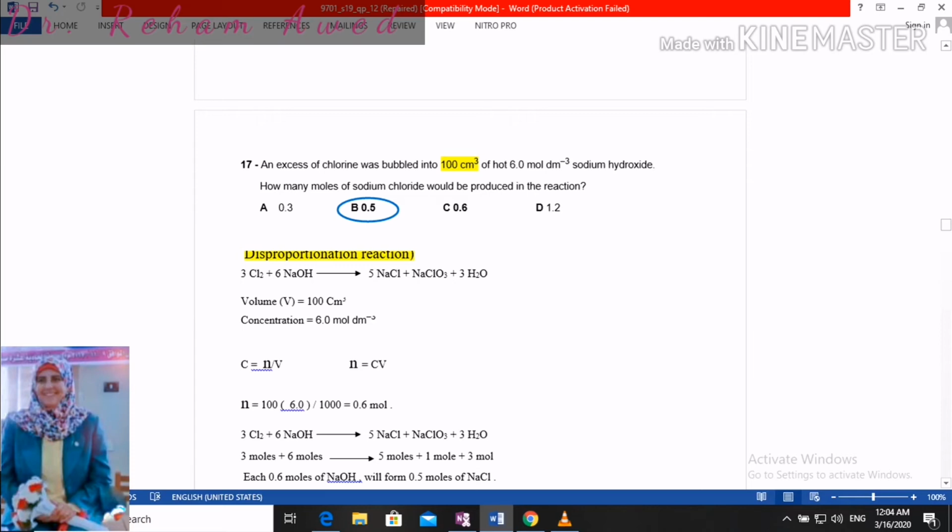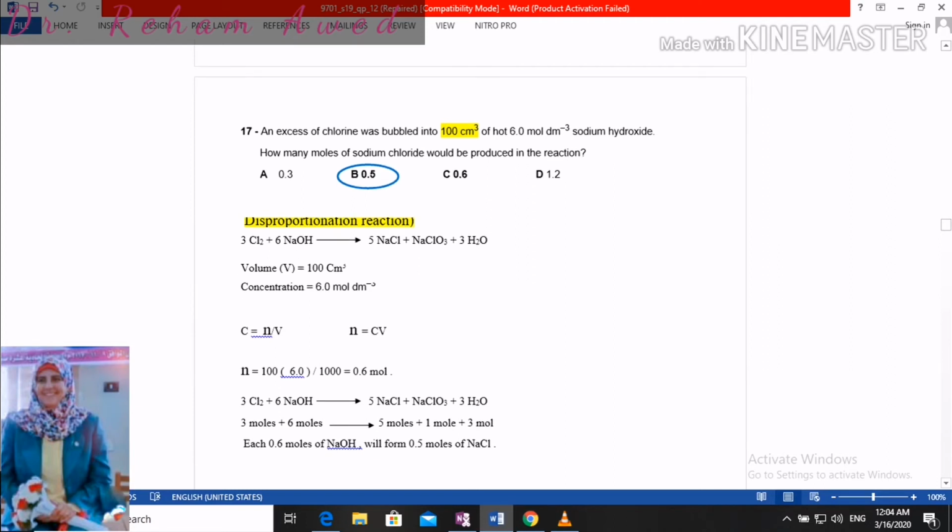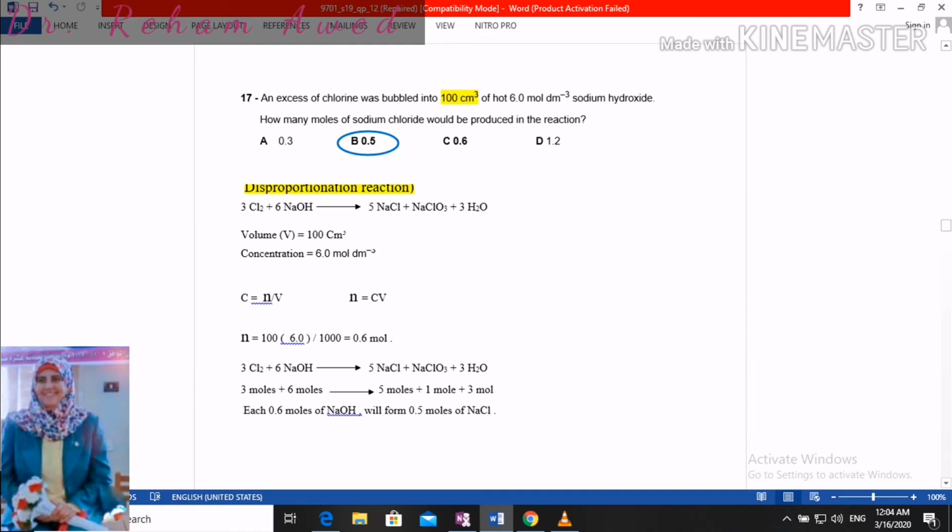So our number of moles is 0.6 mole. If we start our chemical reaction, each 3 moles of chlorine will react with 6 moles of sodium hydroxide to form 5 moles of sodium chloride, 1 mole of sodium chlorate, and 3 moles of water. So, from the equation we can say that each 6 moles of sodium hydroxide will produce 5 moles of sodium chloride. Each 0.6 moles of sodium hydroxide will produce 0.5 mole of sodium chloride. So our correct answer, of course, is 0.5.